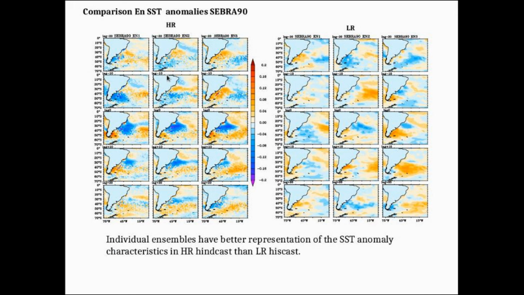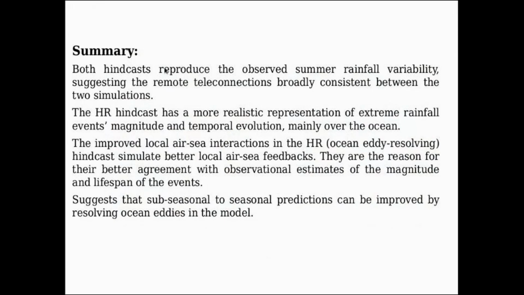But in the coastal region again the low resolution is overestimating because of the lack of upwelling over this Brazil Current region. So this also suggests that the individual ensemble, if we take that, is also better representing the precipitation event in the high resolution model.